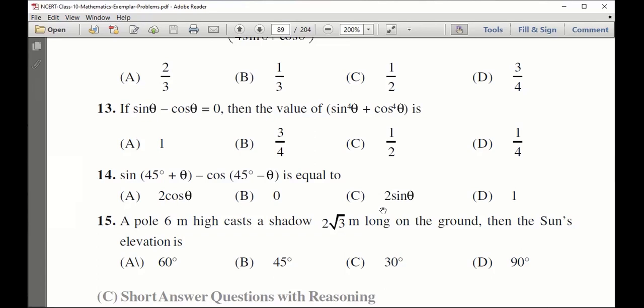Question number 13, 1, 3. Rishabh, are you there? Asta, you're there?